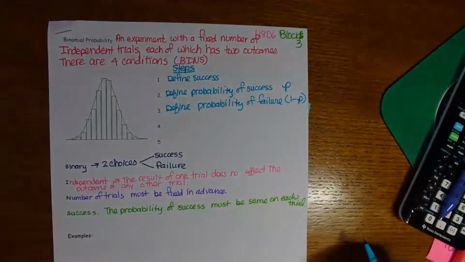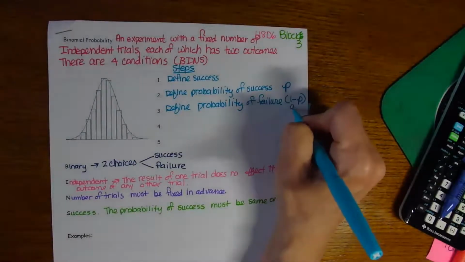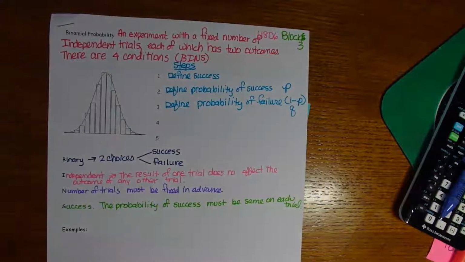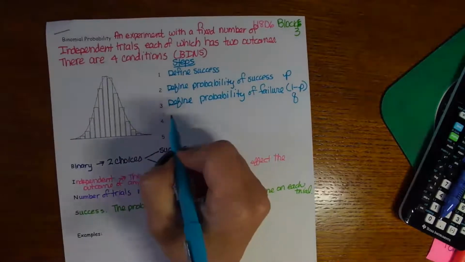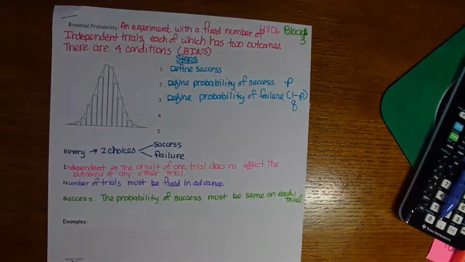Because if the probability of success is 0.3, then failure is 0.7, right? They have to add up to 1. Or you might see the little letter q. It's easier to write a q than 1 minus p, right? But what do p and q have to add up to? 1. We're familiar with that, right? So I have to tell you the probability of success is 0.2. The probability of failure is 0.8.